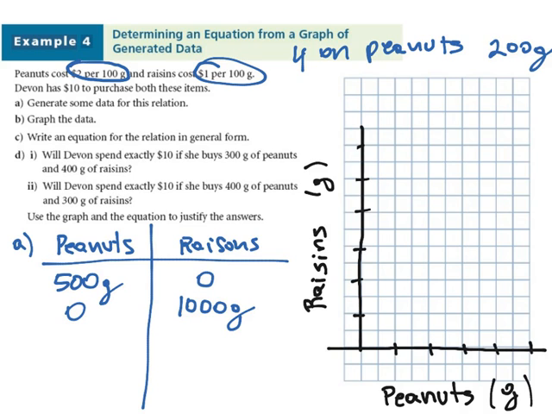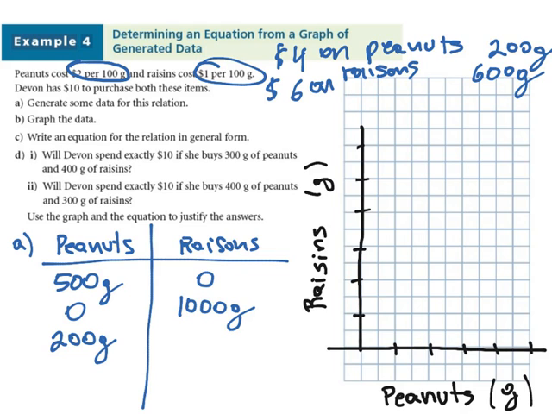And then we have to spend $6 on raisins, and that's 600 grams for raisins because it's $1 each at 100 grams per bag. So we could use that also as our data.